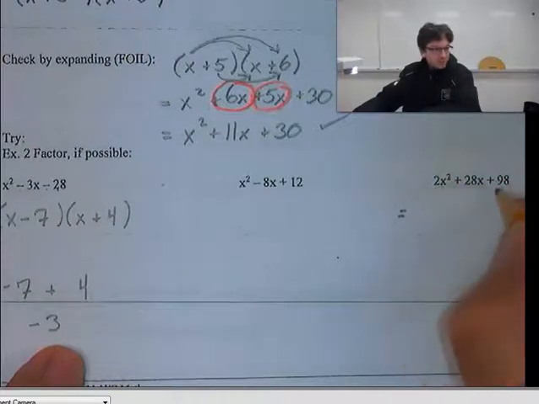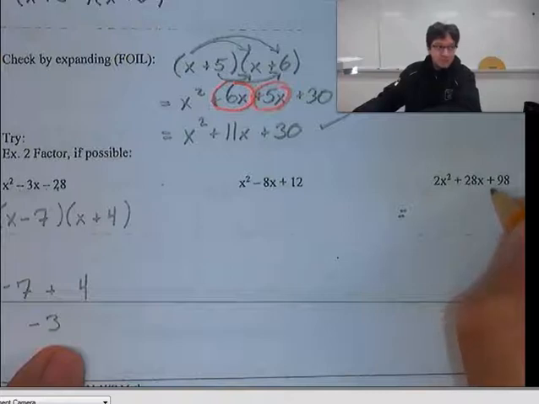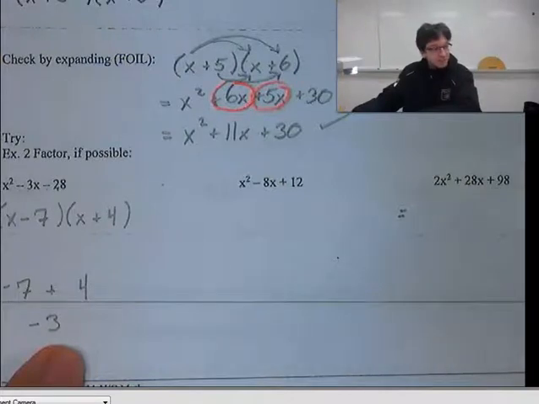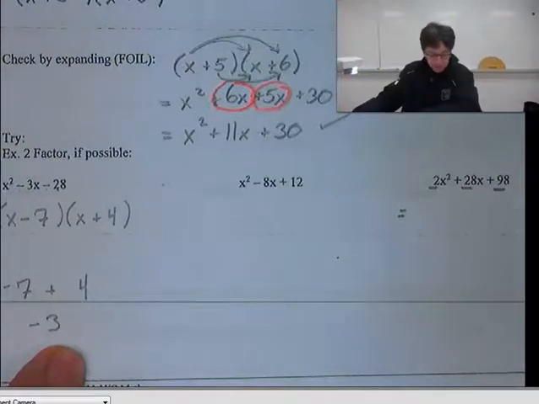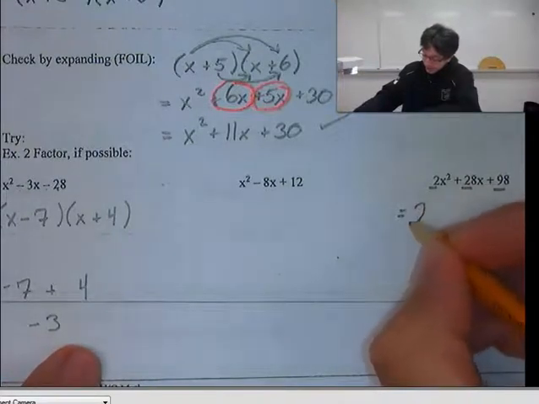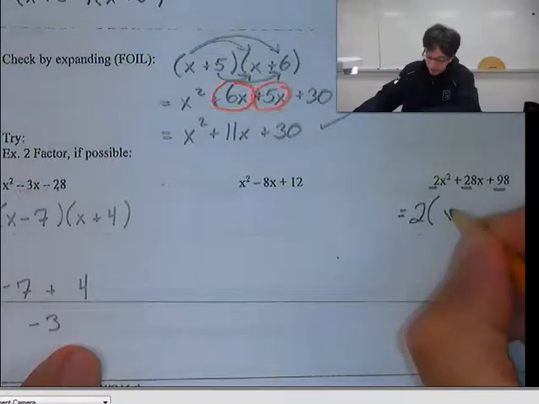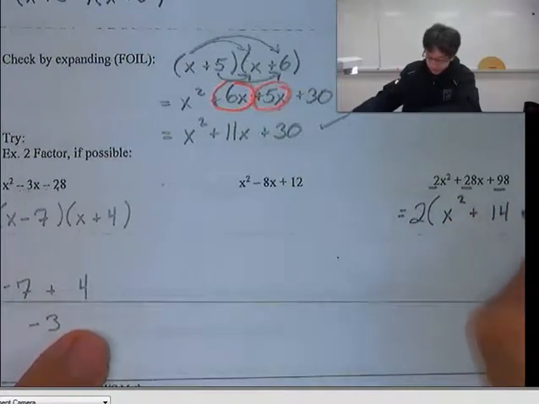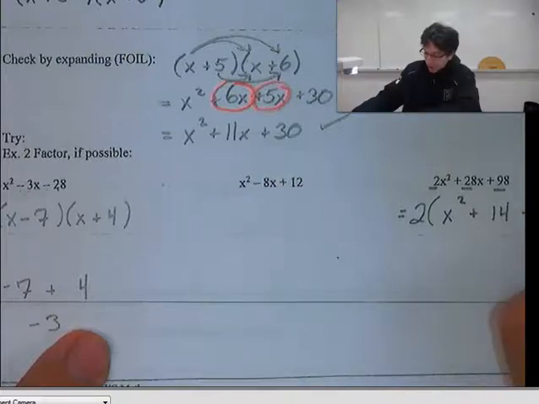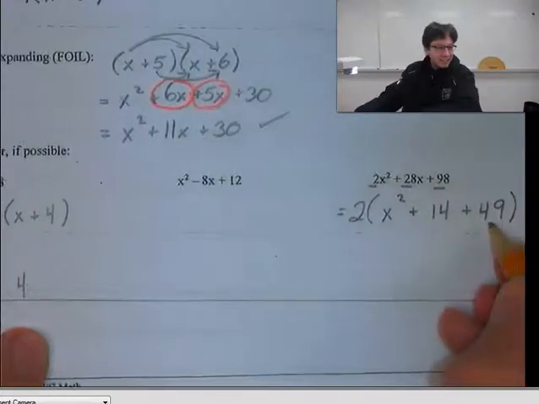But second of all, those are big numbers to be messing around with in your head. So the first thing you should always, always do is look for a greatest common factor. And in this case, these are all even numbers. So let's pull that out first. Pull out a greatest common factor, and we're left with a simple trinomial, one that's a little bit easier to work with.